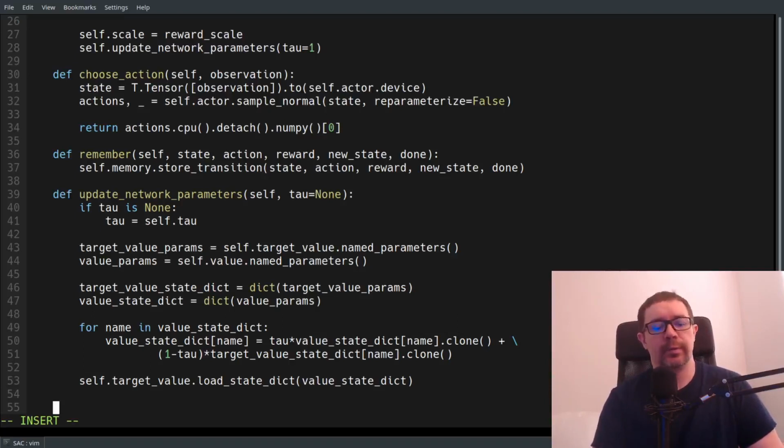Then we need 2 functions to handle the interface with the agent's network save model checkpointing functions.